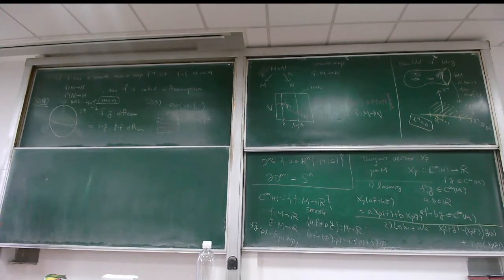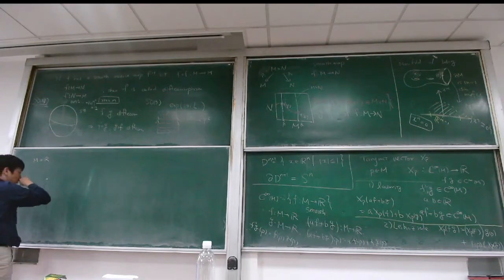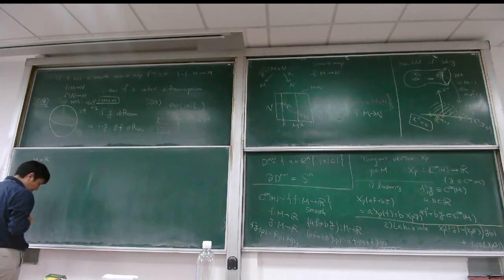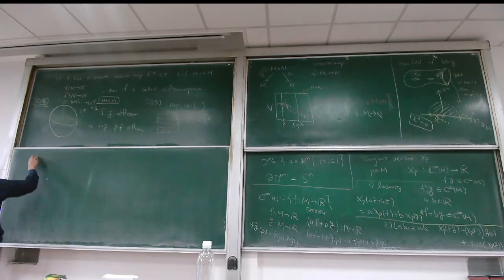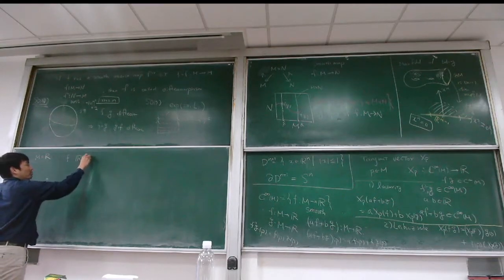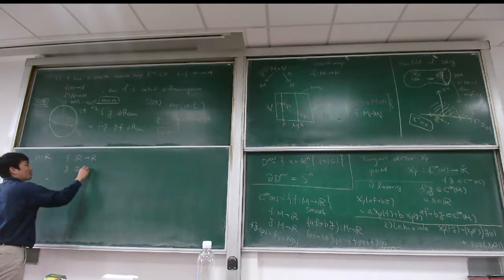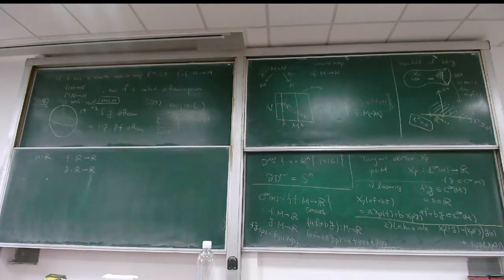So for instance, let's assume M is R. R is also a manifold, the simplest manifold, and f and g are functions on R. Let's see.